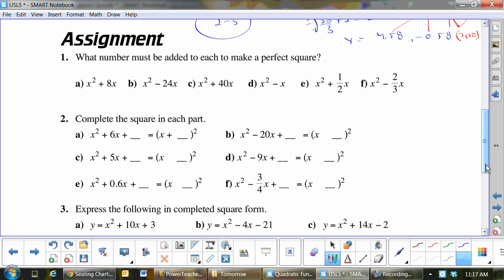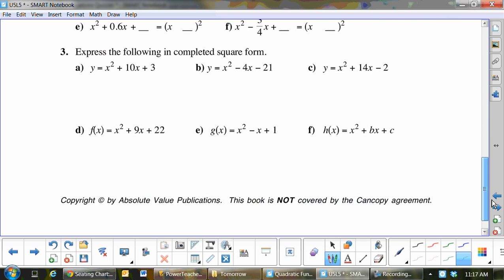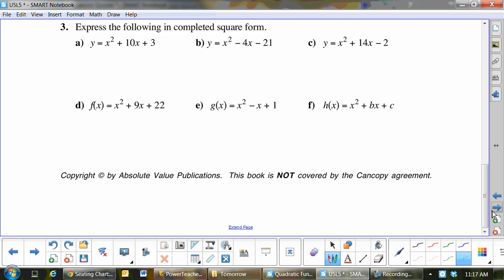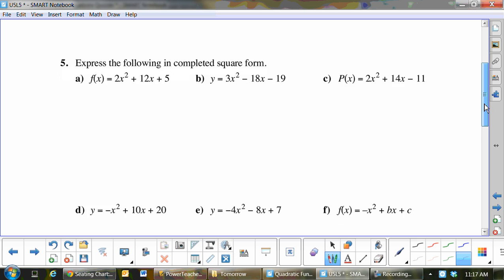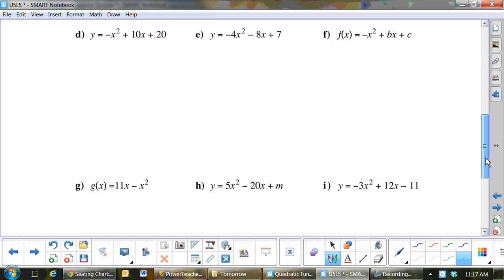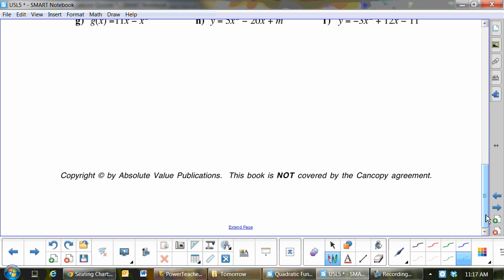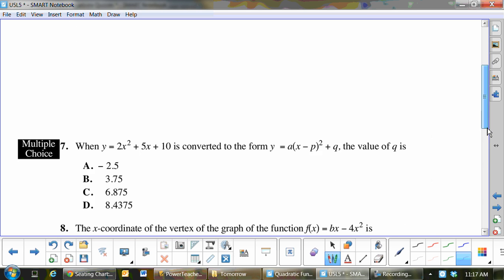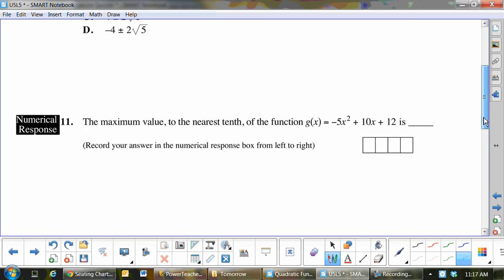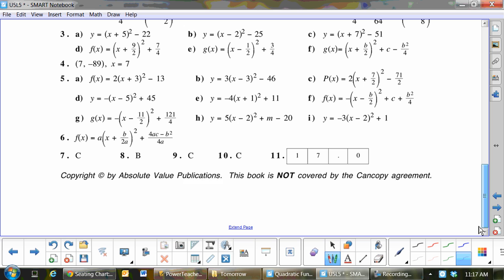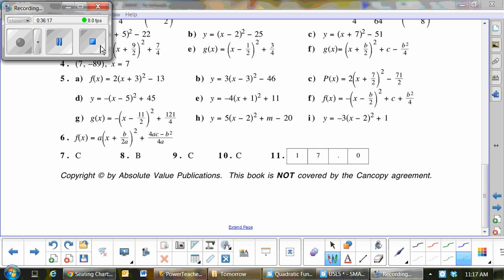So number 2 just gets you going on finding perfect squares. 3 is just nice, easy ones. Then 5 gets to the ones that have numbers in the front, right?